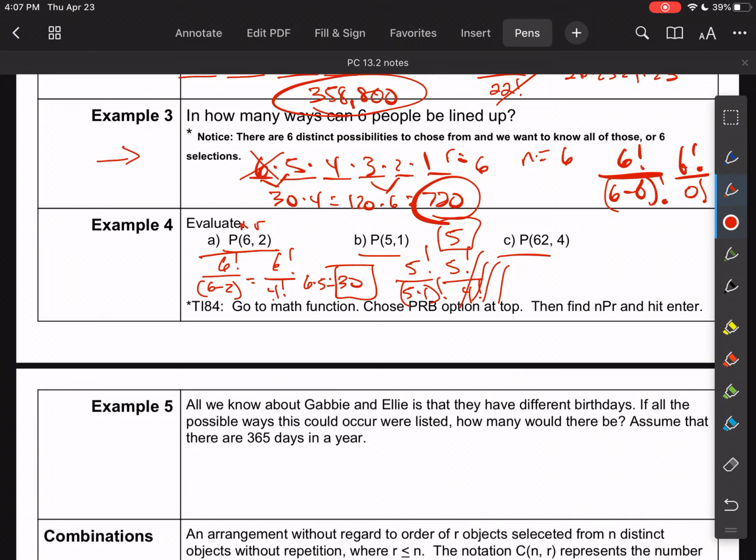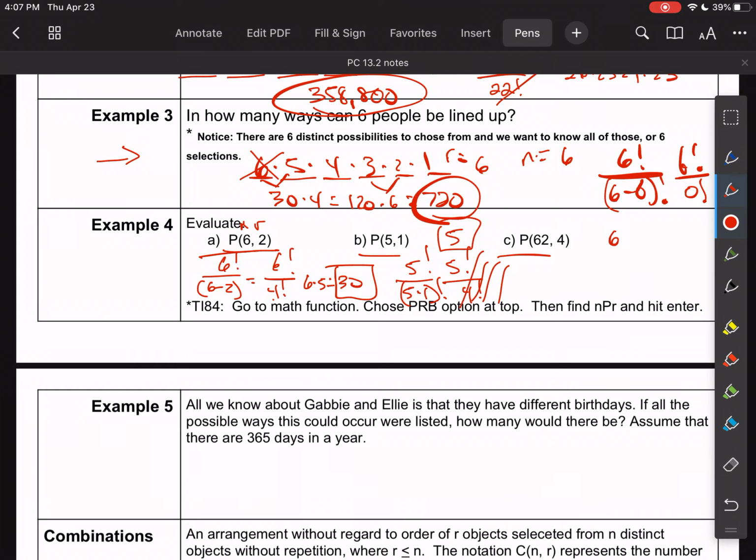Okay, for C, this one looks a little daunting. You could do this one 2 ways. I'm going to teach you how to do it on a TI using the probability function, like there's a statistics function in your TIs, but I will also just show you how to, I mean, this one's not too bad.